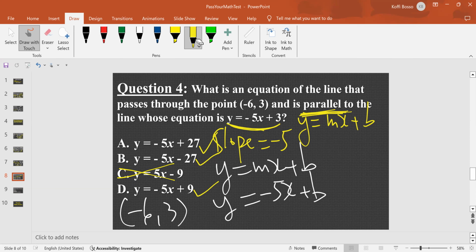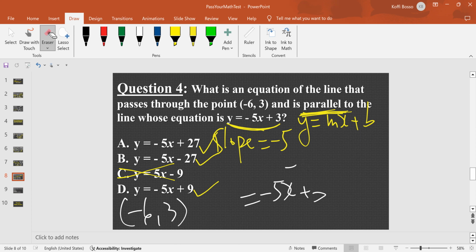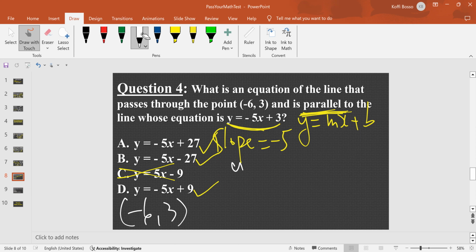Now, let's check something. Because the line passes through the point with coordinate negative 6, 3, let us replace x by negative 6 and the y by 3 to see if that verifies the equation. So if we take equation A, we have y equals negative 5x plus 27.